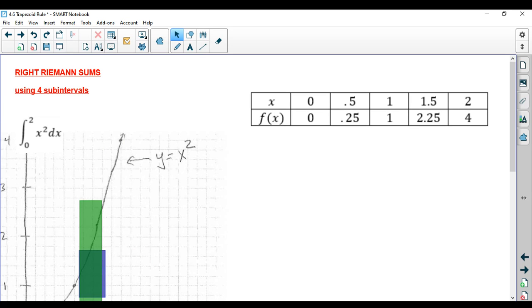The base of each rectangle is the length, is the x-axis length. So the first rectangle will be this long, 0.5. The height, because it's a right Riemann sum, just look at the right value, 0.25. So the first rectangle is 0.5 times 0.25.